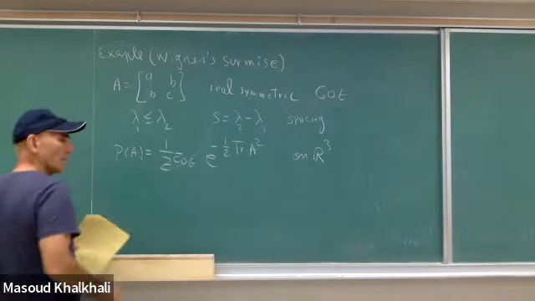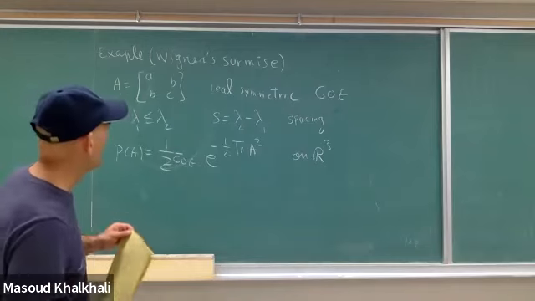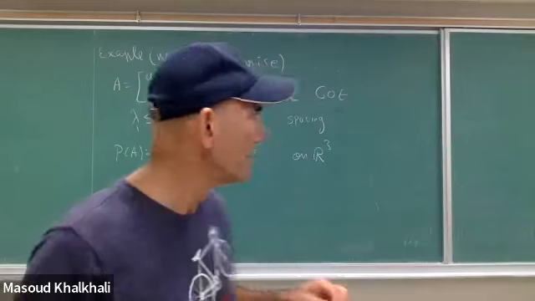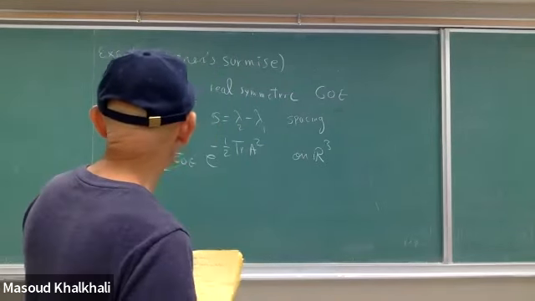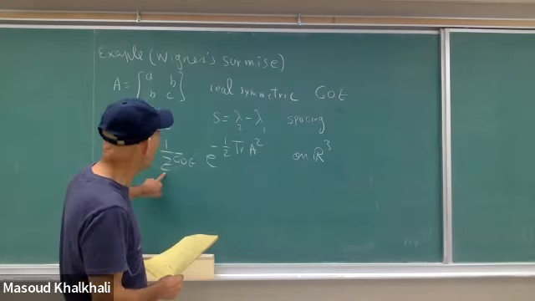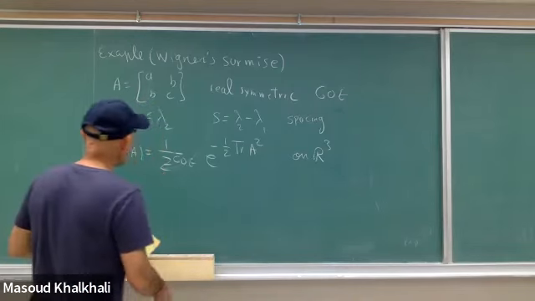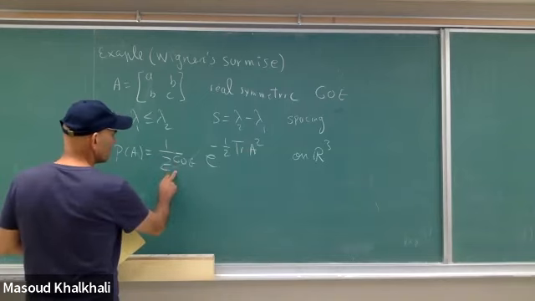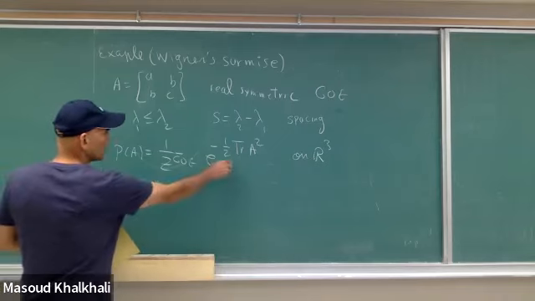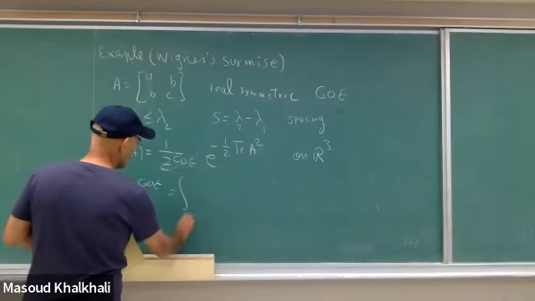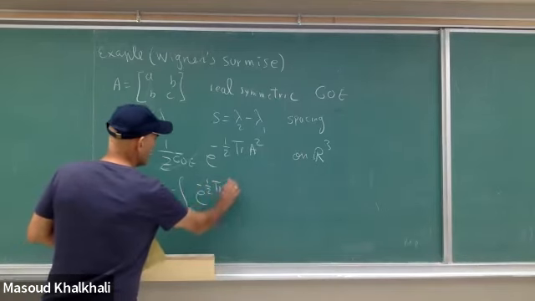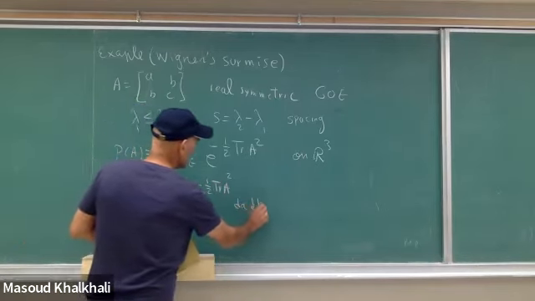Sorry, Masoud, can you remind me what the Z stands for? The Z in the denominator is the normalization, or partition function. Z is the total integral, to make sure this is normalized, over dA, dB, dC.